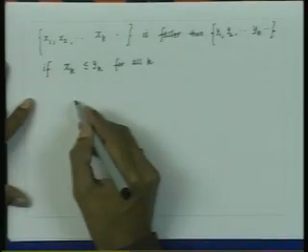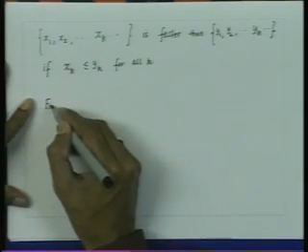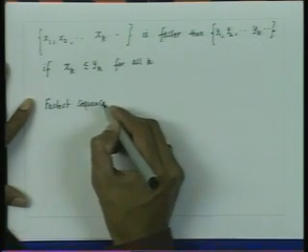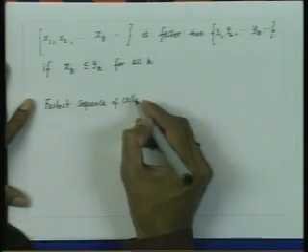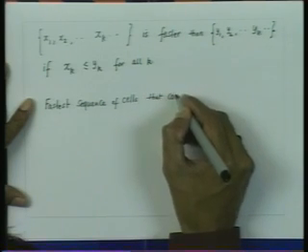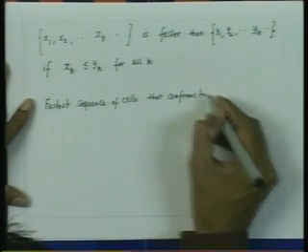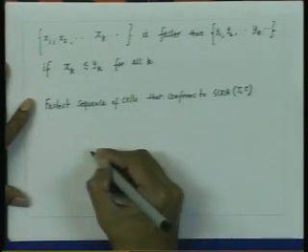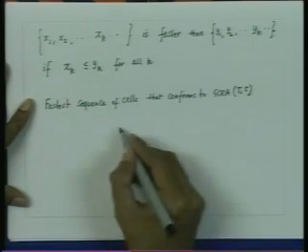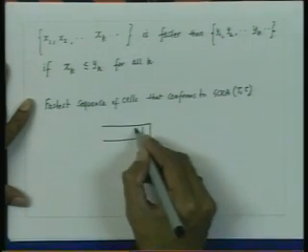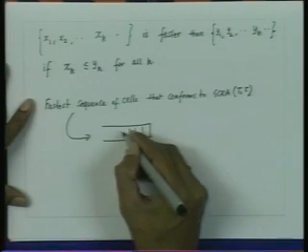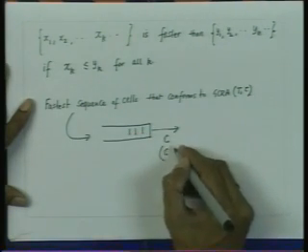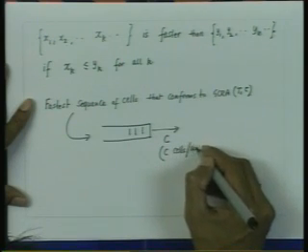Now, I am assuming that I have a fastest sequence of cells that conforms to GCRA T tau parameters. Let us say I transmit this fastest sequence of cells through a buffer equipped with a transmitter which can transmit with a capacity of C, that is C cells per unit of time.